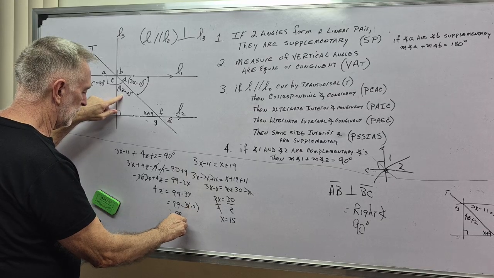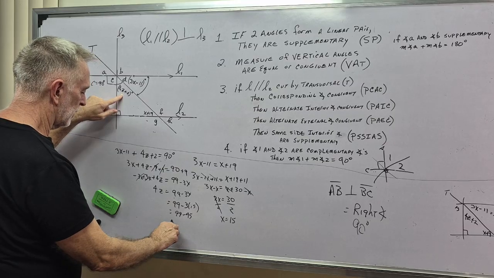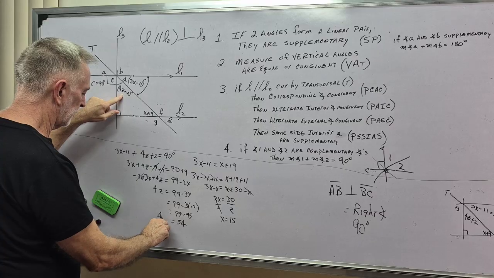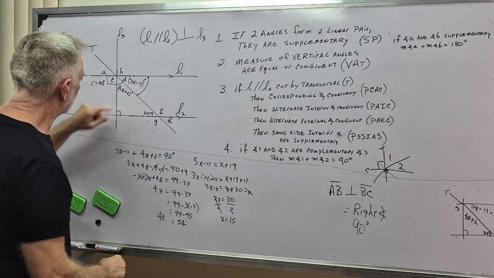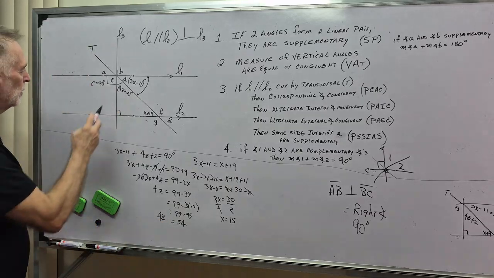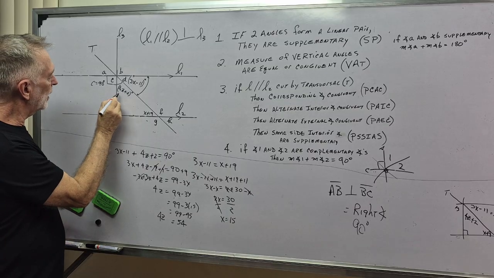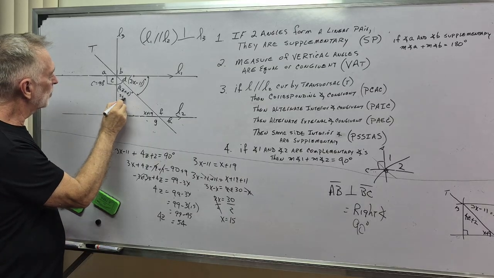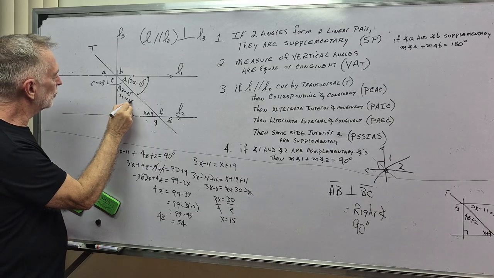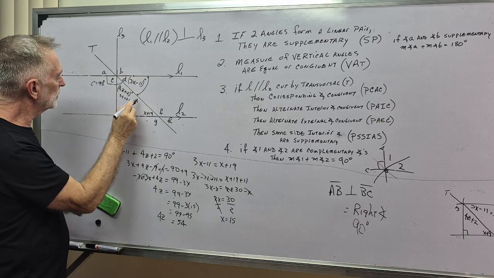So 99 minus 45. What is that? 54. 4z equals 54. So here I have 54 plus 2 equals 56 degrees.